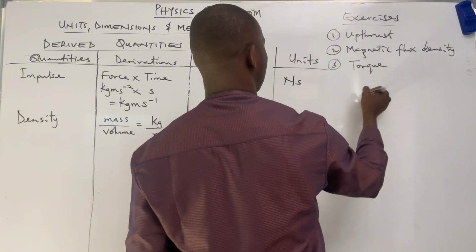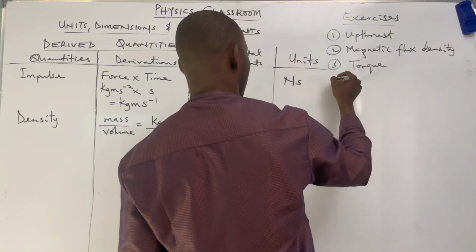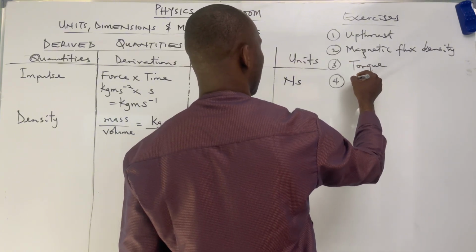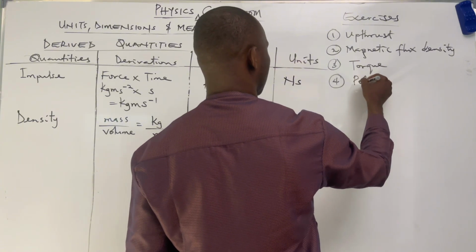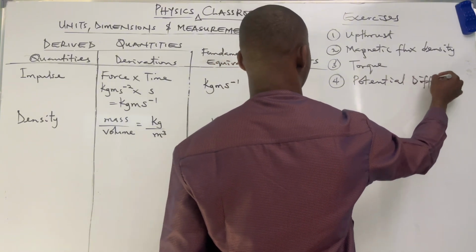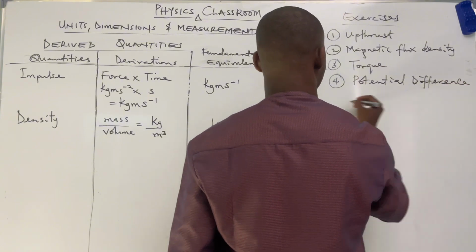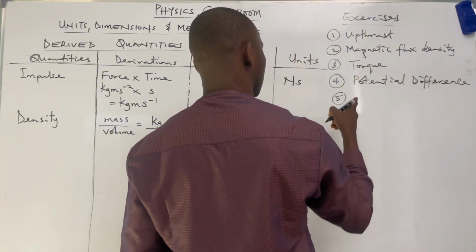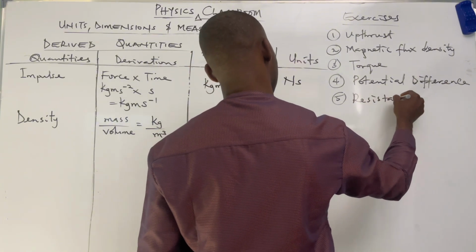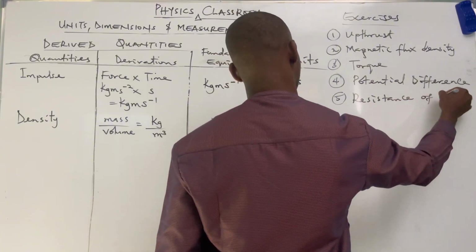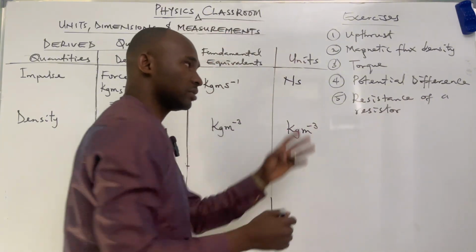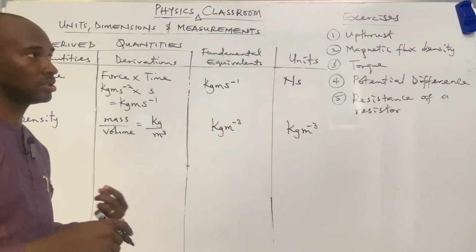That is force times perpendicular distance. I'm giving you a clue anyway. You do the same for potential difference, V. Then lastly, you do it for resistance of a resistor. So you can do this and drop it in the comment section, possibly.